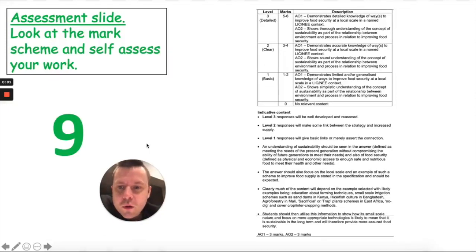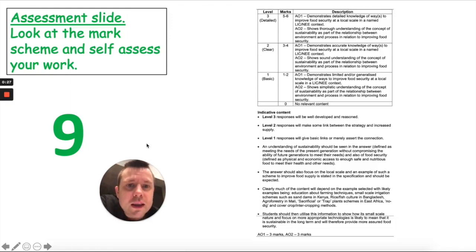All right, then guys, have a quick look at this mark scheme. So 6 marker, it is a level response answer yet again. Basic 1 to 2 marks, clear 3 to 4, detailed 5 to 6. Level 1, 1 to 2 marks, limited or generalised knowledge and a simplistic understanding.